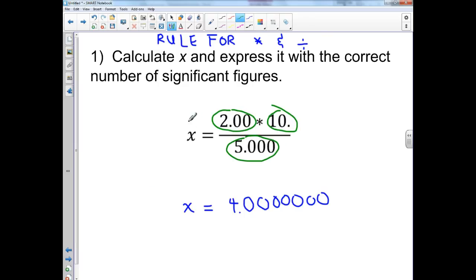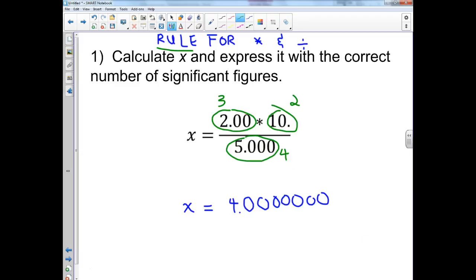When you are multiplying and dividing, here's our rule. You list the number of sig figs each of these has. 2.00, that has 3 sig figs. 10 point, that has 2 sig figs. 5.000, that has 4 sig figs.